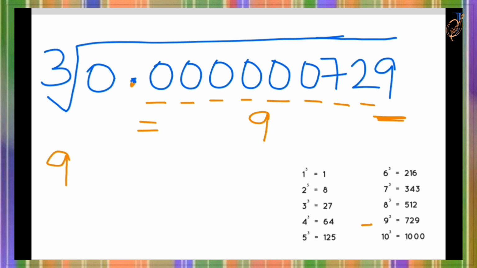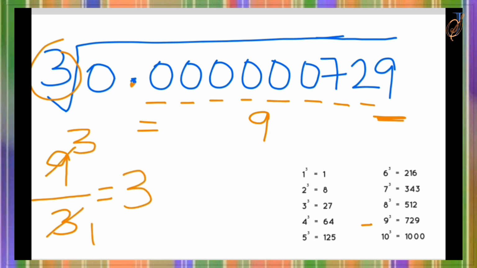Divide this count by cube number 3. 3 times 3 is 9, so which is 3. That means you have to place the decimal point 3 places before. This is 1 place, this is 2, this is 3. Then you have to add the decimal and then strike out the last 3 digits because of cube.